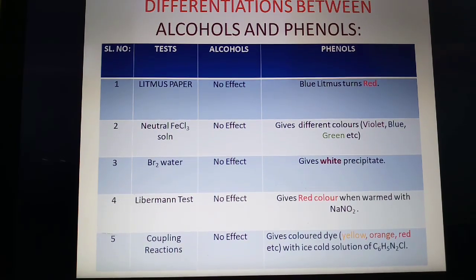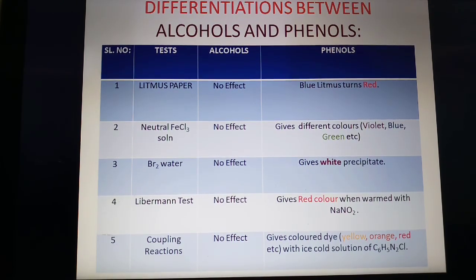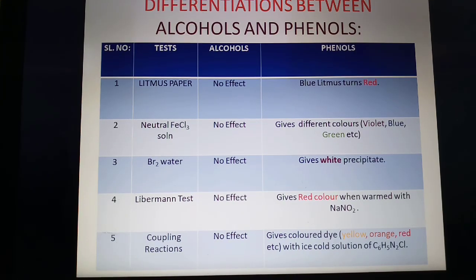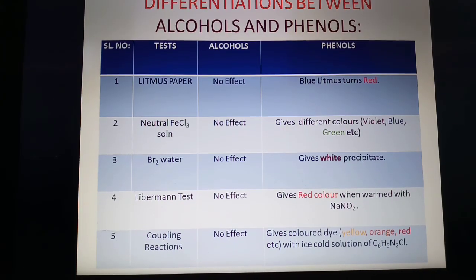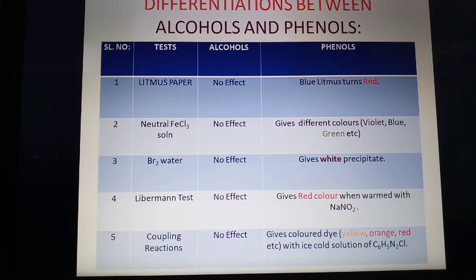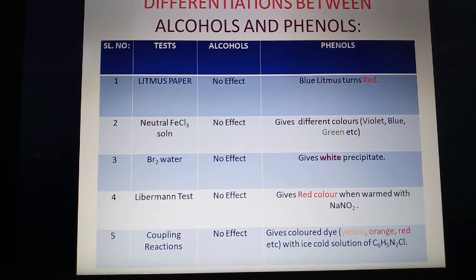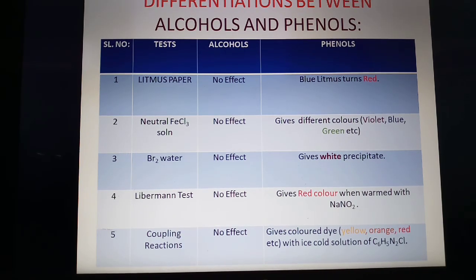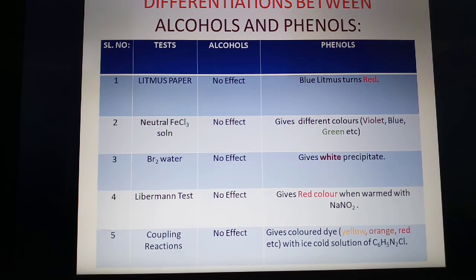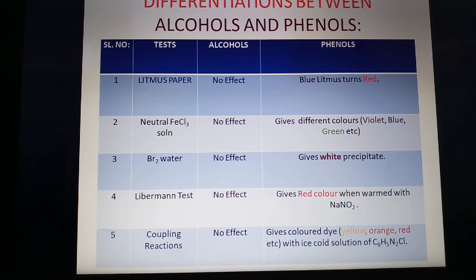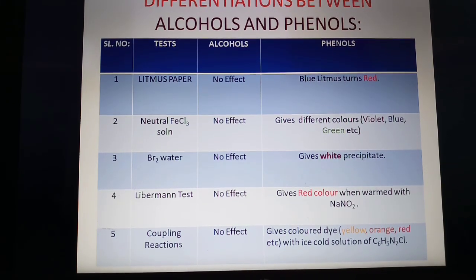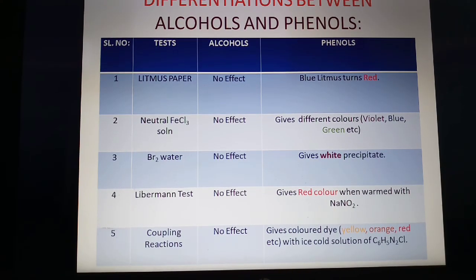With Liebermann's test, point number 4, alcohols have no effect, but phenols give a red color when warmed with sodium nitrite. Finally, the coupling reaction: alcohols show no effect, but phenols give a colored dye, either yellow, orange, red, etc., when treated with an ice-cold solution of benzene diazonium chloride.